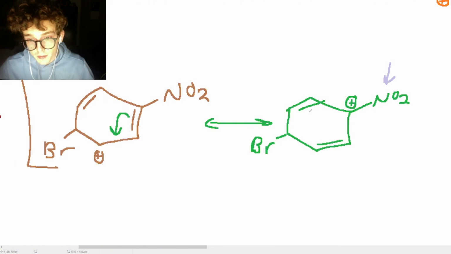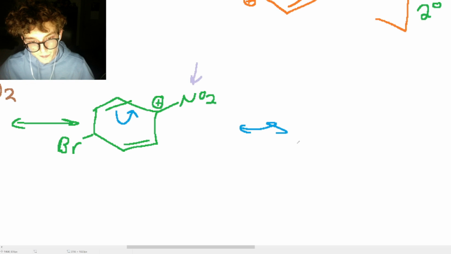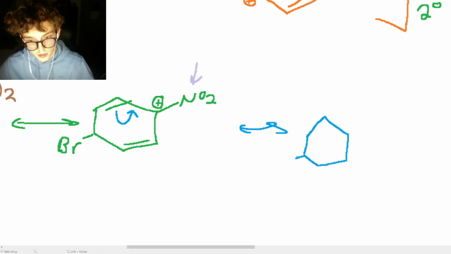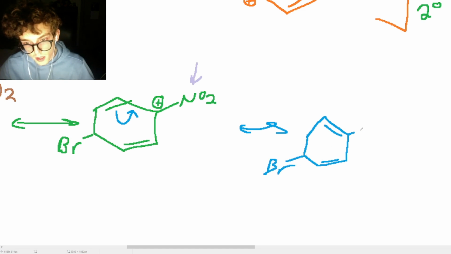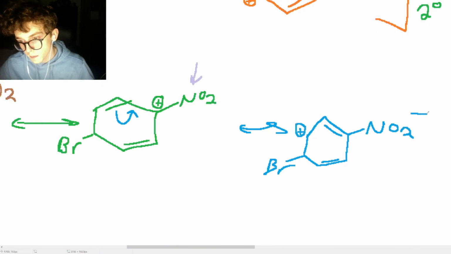I mean, come on. And then our final one here is this. And then I'm getting a brain fart. This sucks. Like this, yes. Okay. I do have a brain after all, guys. Bromine, that one, and that way, and then our NO2, and we have our positive charge here.